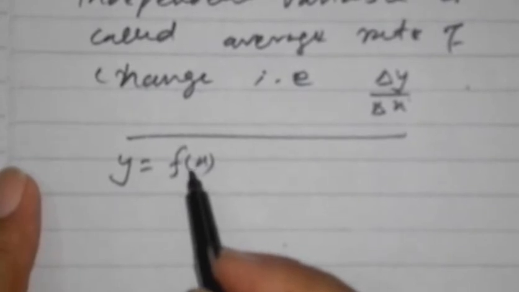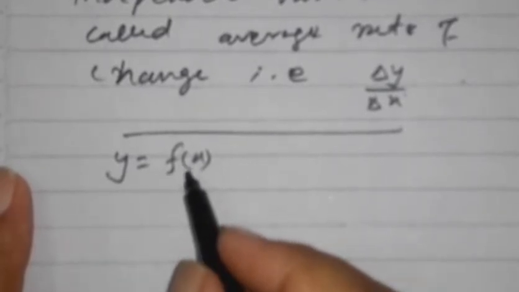Suppose we have a function y equals f of x. Here y is the dependent variable and x is the independent variable. Now the average rate of change for this function will be how?